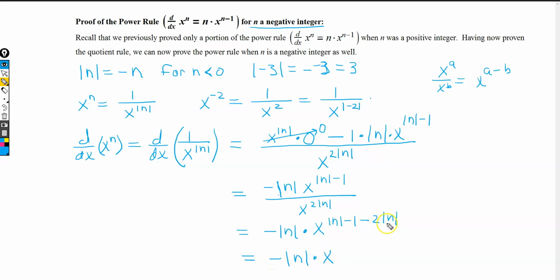now negative absolute value n minus 2 times absolute value n, that's just going to be negative absolute value n minus 1. And then keep in mind negative absolute value n, that's just going to be n in this case.